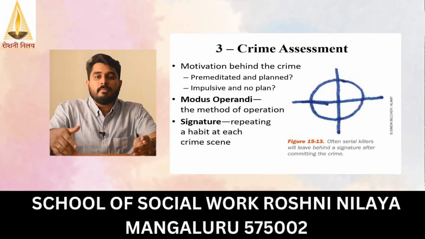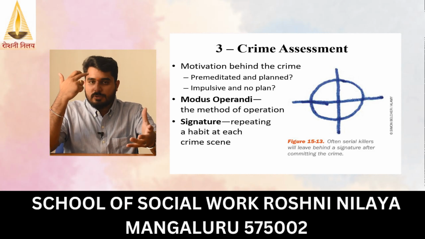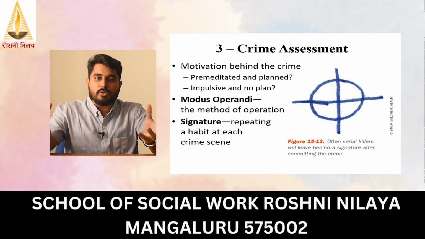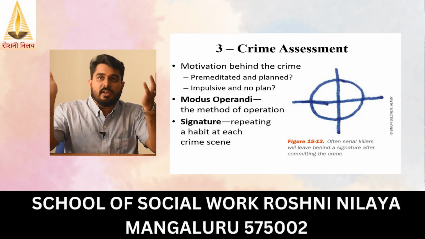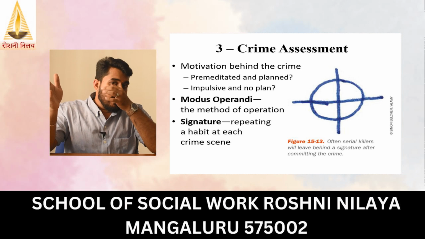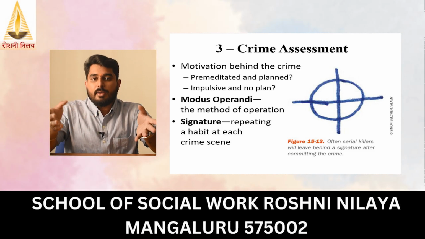We would have seen in many movies a mark on the forehead, like a cross mark, or alphabet blocks or anything found near the body or on the wall where the crime happened, and that suggests that that particular murder is committed by that particular person.